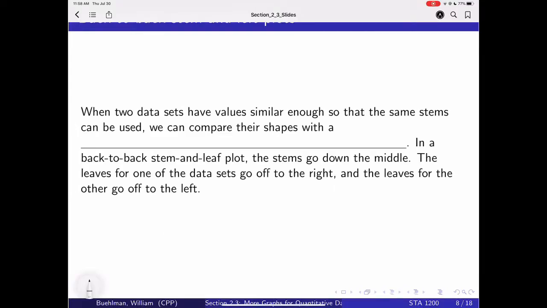Another type of stem and leaf plot we use is called a back-to-back stem and leaf plot. So when 2 data sets have similar values, or have values that are similar enough so that the same stems can be used, we can compare their shapes using a back-to-back stem and leaf plot.